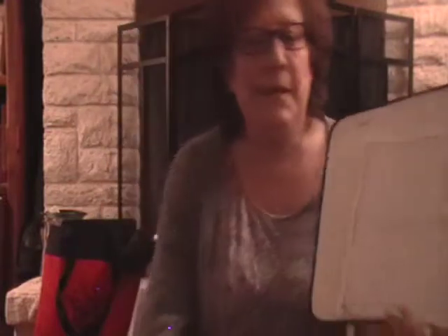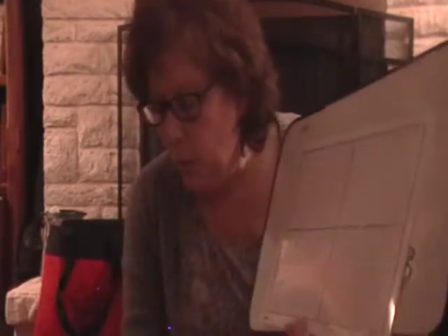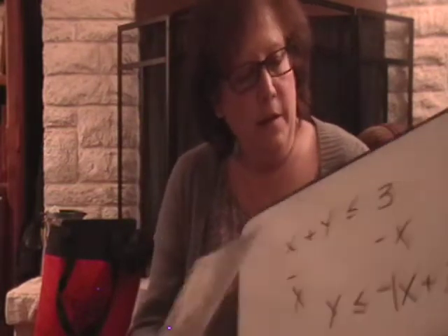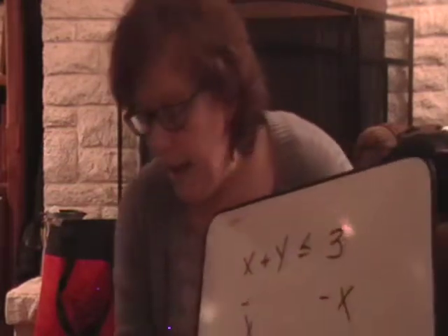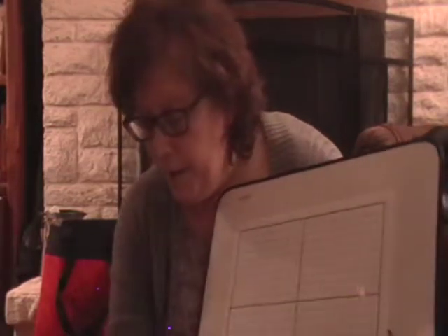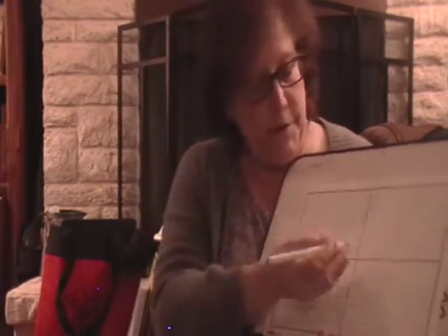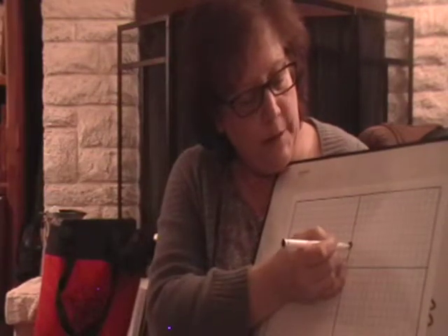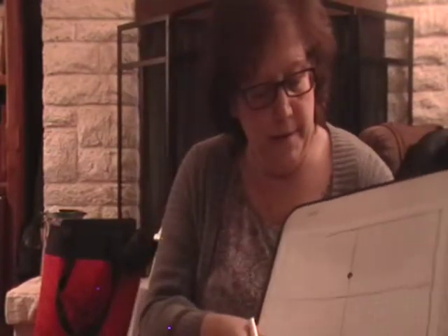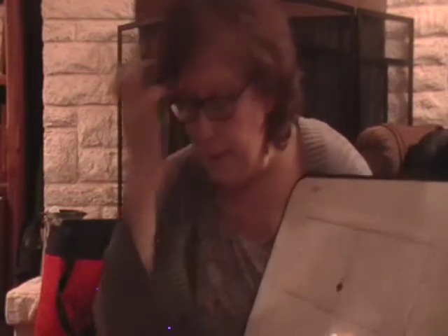When x is equal to 0, what is my y-intercept going to be? I determine that my y-intercept is going to be 3. If you look on their graph, you can see it up there at the top. My little boxes are a little bit smaller, so that's the difference there.